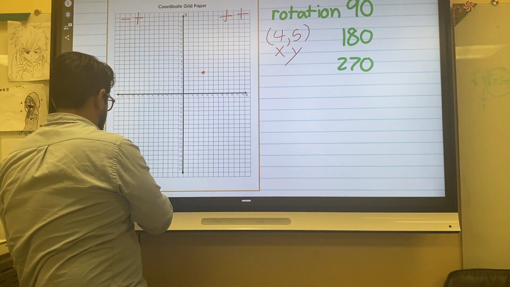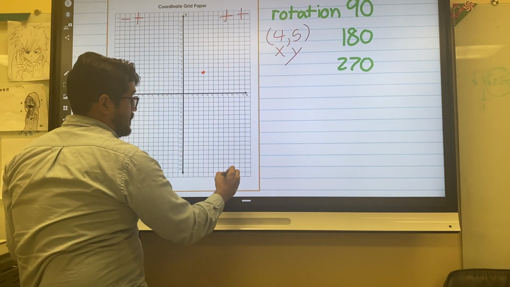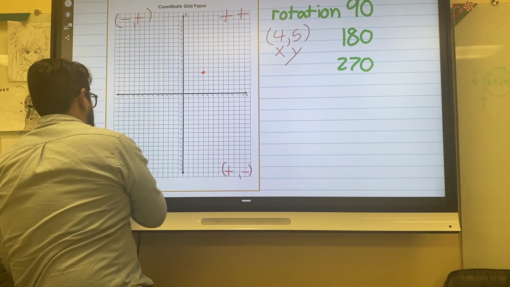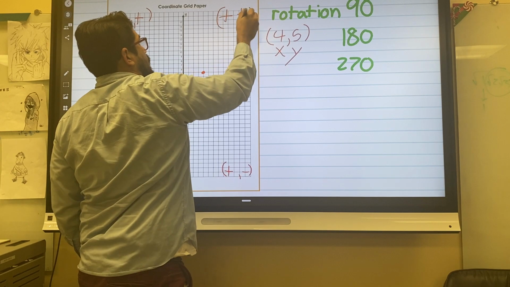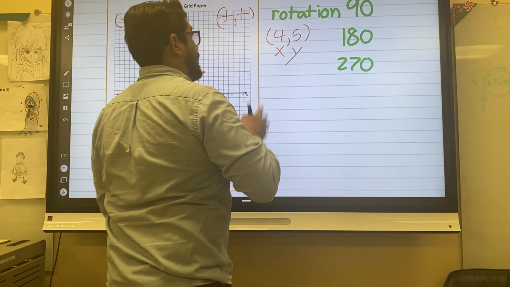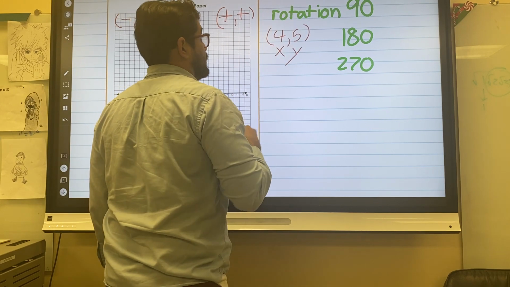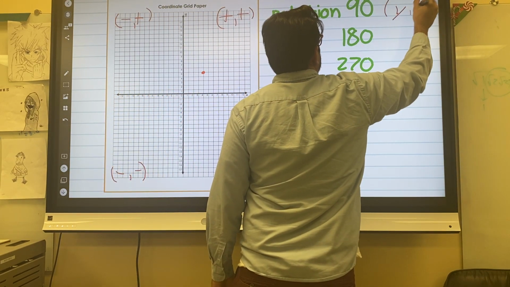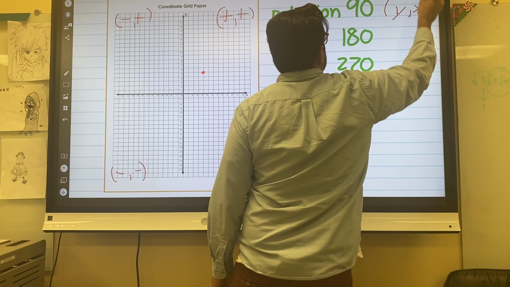This is positive, negative. So these are the coordinates in these quadrants. Quadrant 1, quadrant 2, quadrant 3, and quadrant 4. So I'm rotating this 90 degrees. When you rotate, the x and the y are going to switch places.